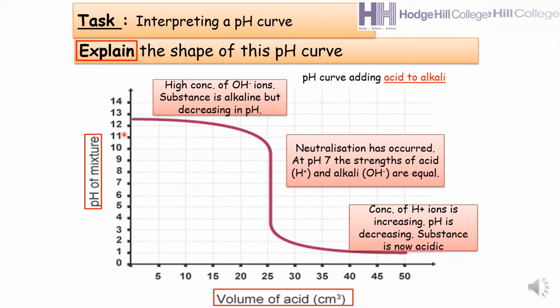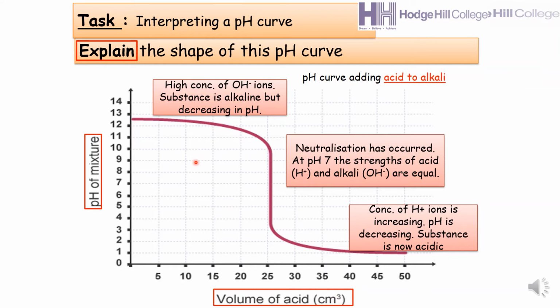So on your graph paper, I would like you to plot a graph from 0 to 14 for the pH of the mixture. And at the bottom, you can go from 0 to 50 in fives for the volume of acid. Please make sure you're quoting the units as you're going along.